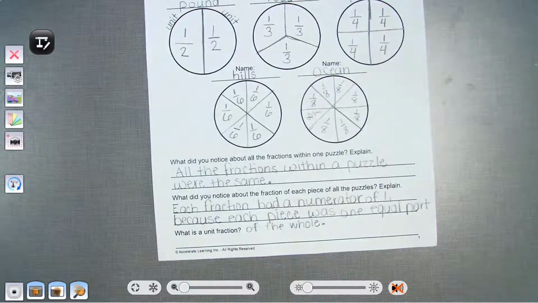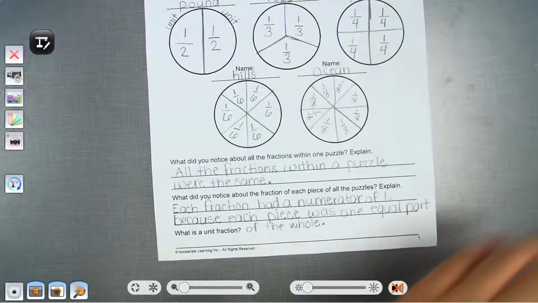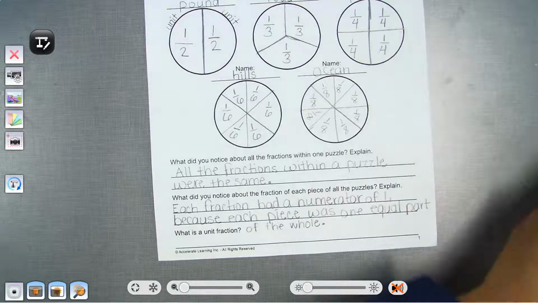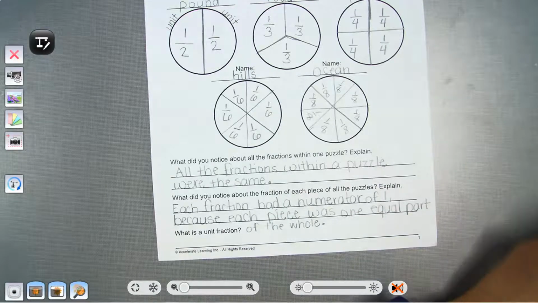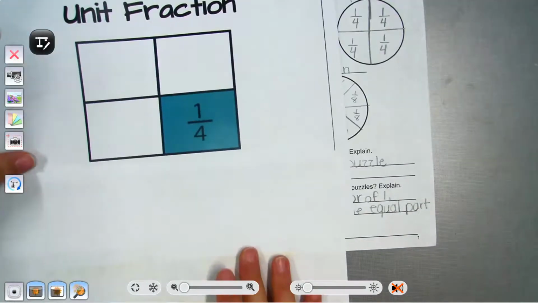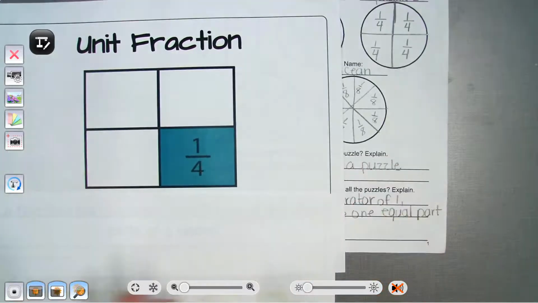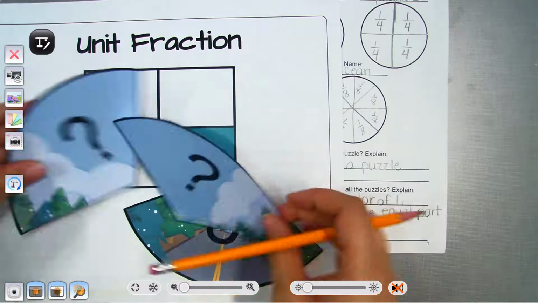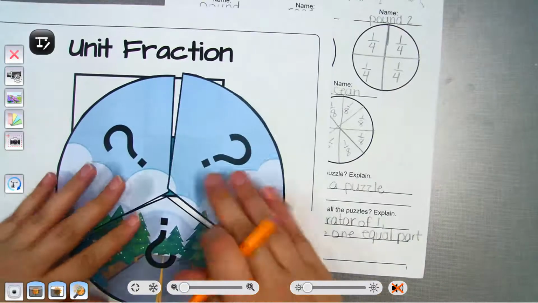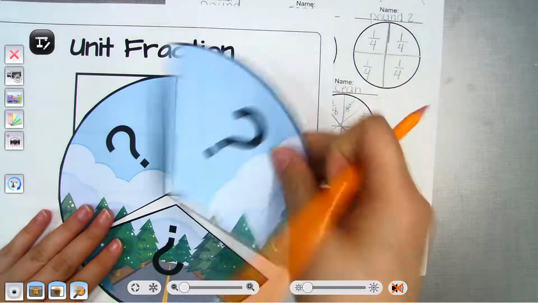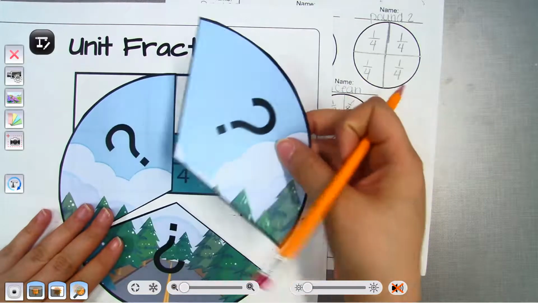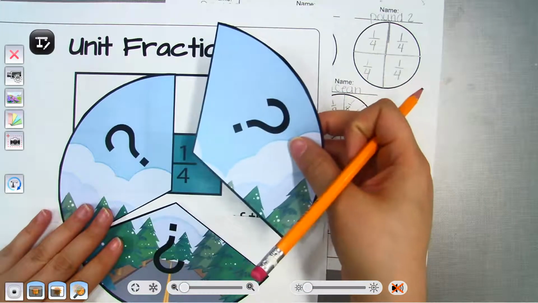Okay, now, what is a unit fraction? We talked about that vocabulary word. I didn't show you the definition because I wanted us to think about what a unit fraction is. Remember my pictures. If I was looking at these puzzle pieces, this one piece over here is a unit fraction. This is a unit fraction. So what do you think a unit fraction is?